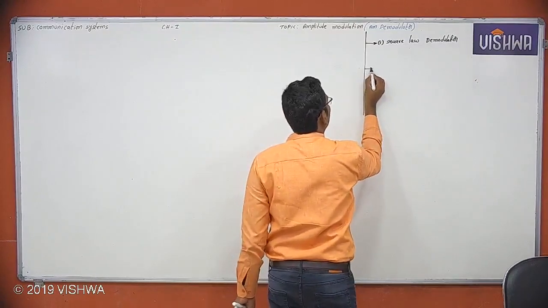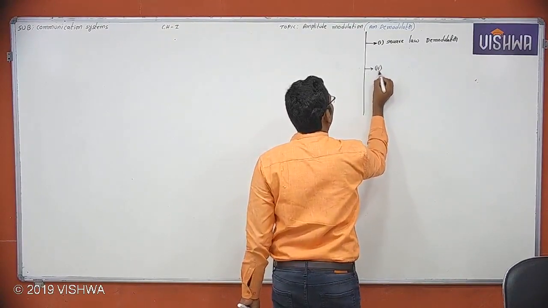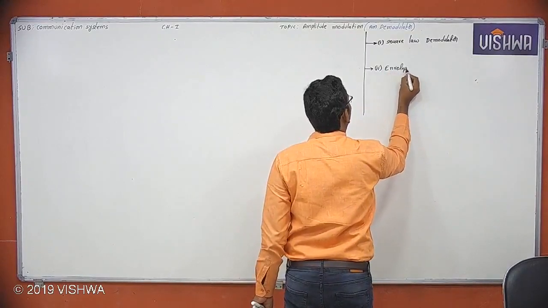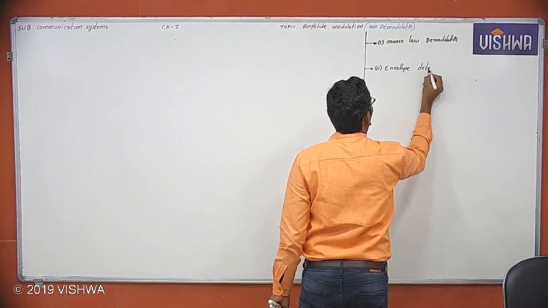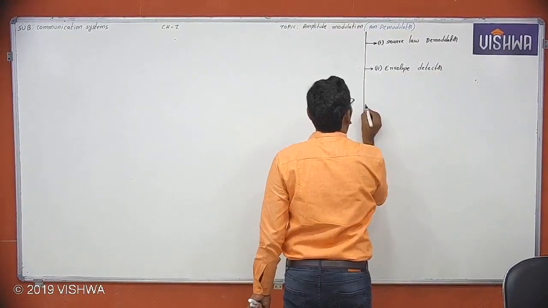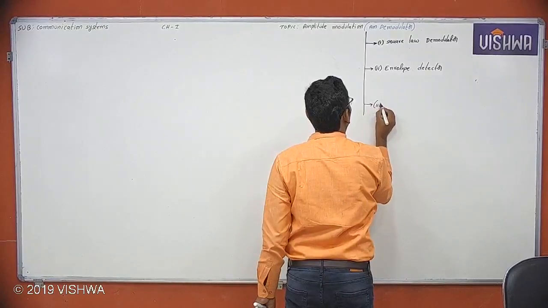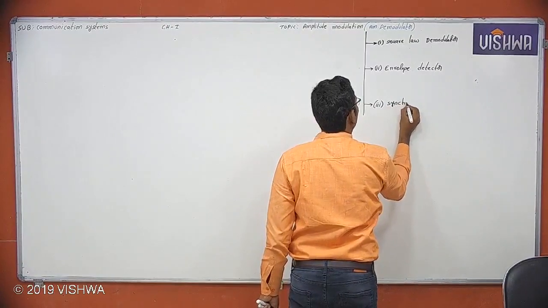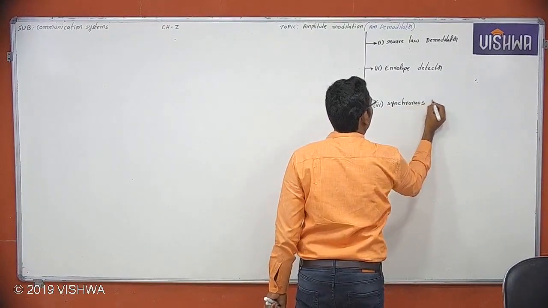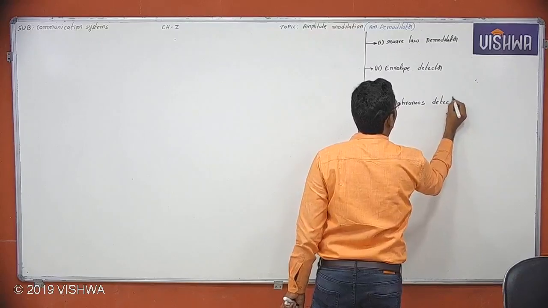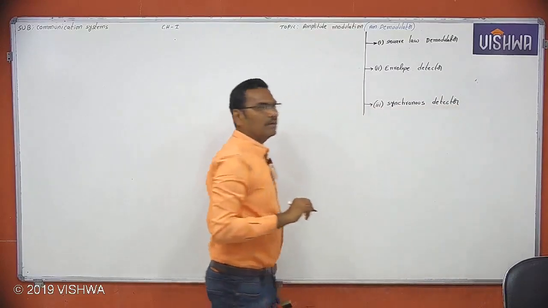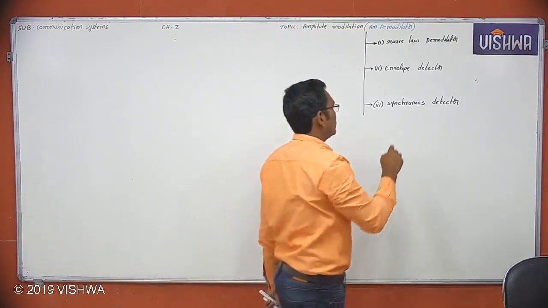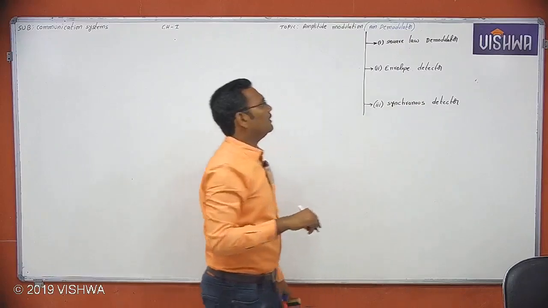The second one is the envelope detector. And the third one is the synchronous detector. Square law demodulator, envelope detector, and synchronous detector. These are the three demodulators.